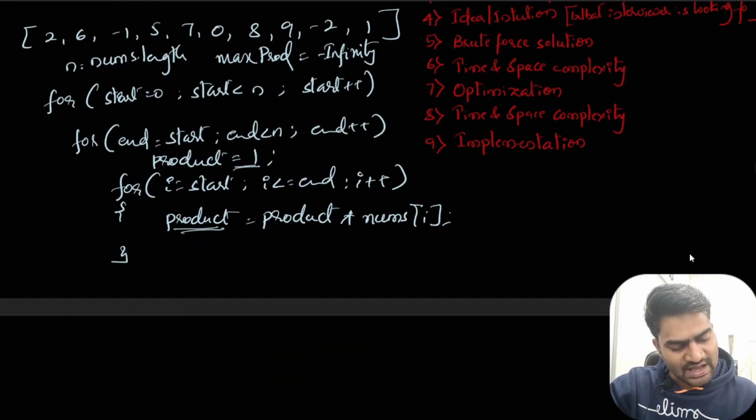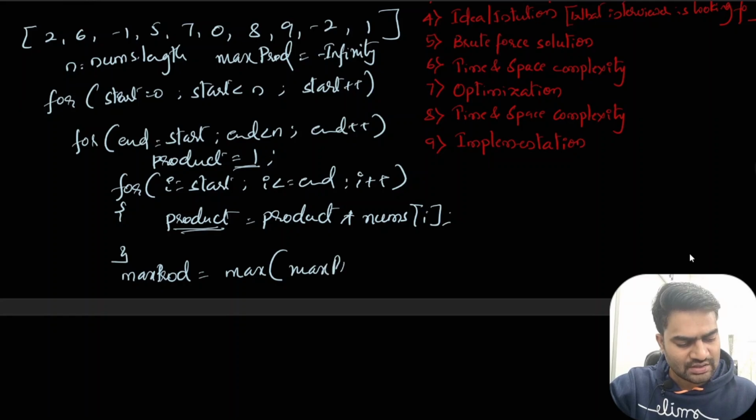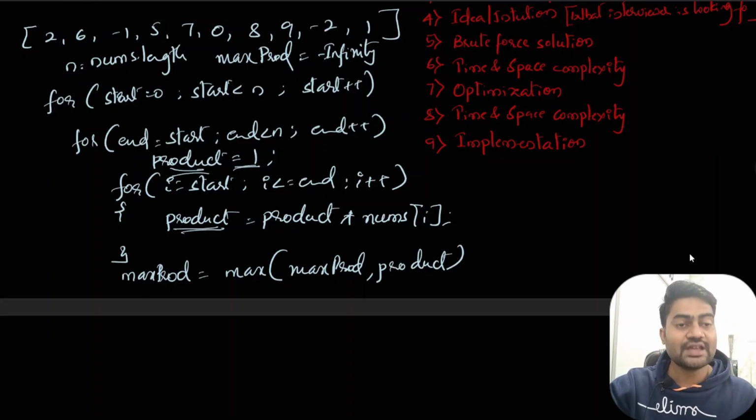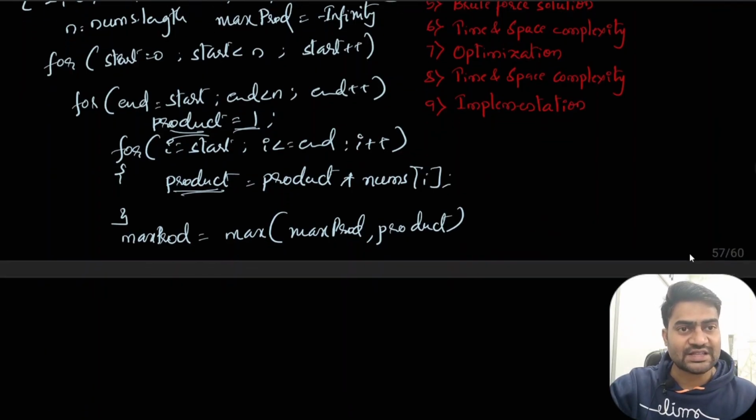Then I will check my max product and update it. Max product will be equal to the max of max product comma this local product we have found. So this way it will give us the maximum product.